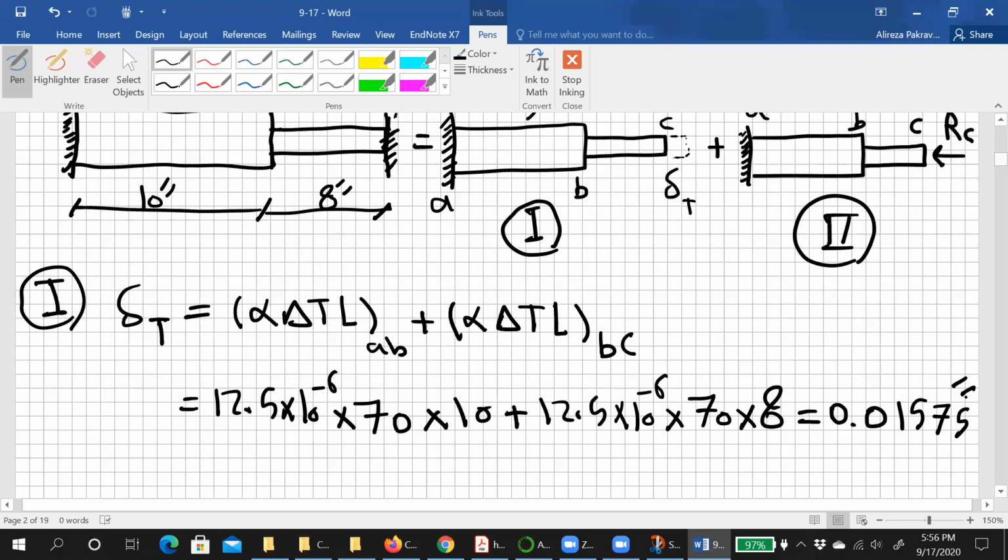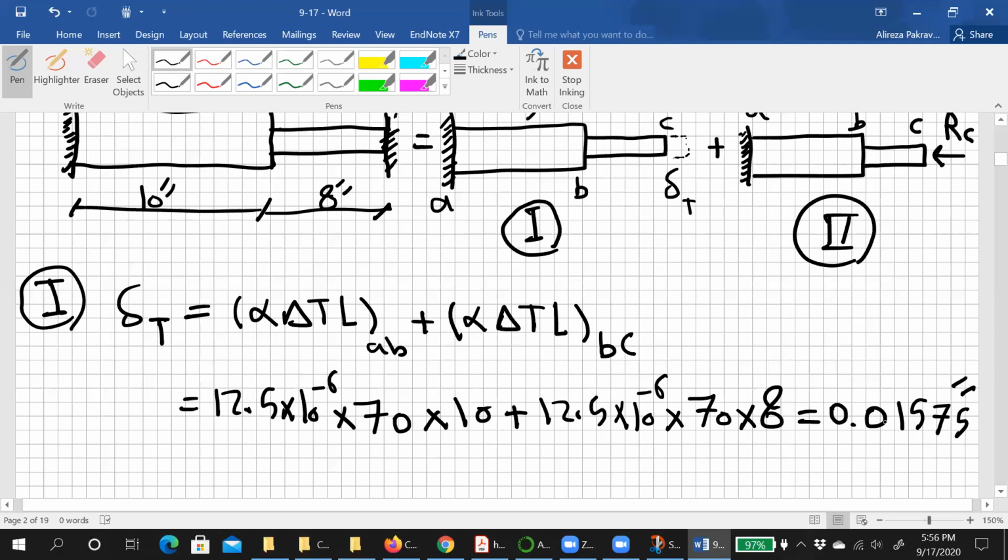Guys, let me say something to you. Once you have this type of calculation, if you have all the numbers, for sure the answer should be a small number. Make sure once you do with your calculator, because in reality, alpha is a small number, and then delta TL is some value. When we multiply together, alpha is the order of -6, right?